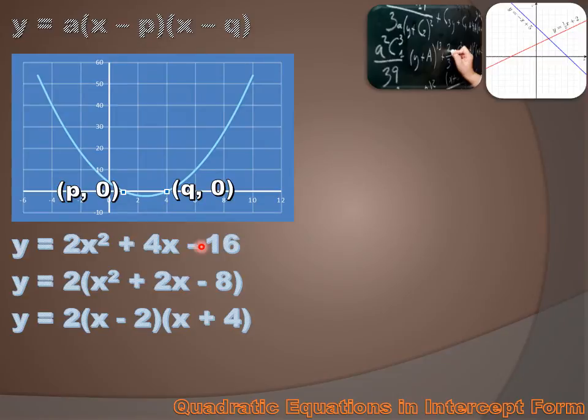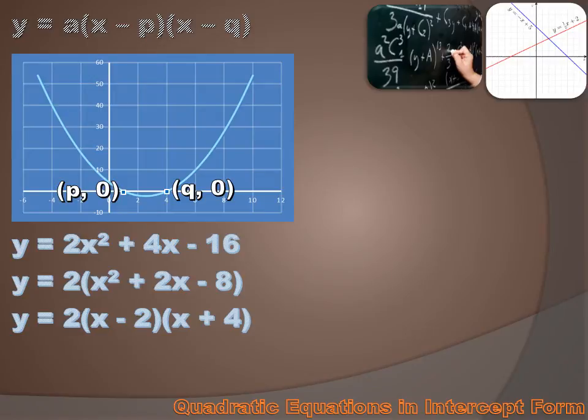So my original equation, 2x squared plus 4x minus 16, can be rewritten in intercept form, and it reads y equals 2 times x minus 2 times x plus 4.